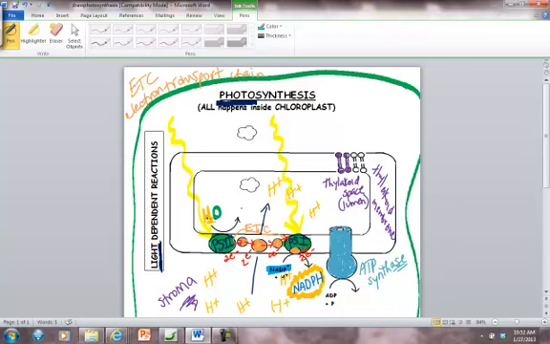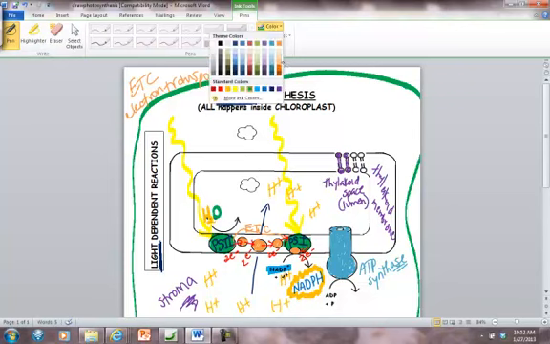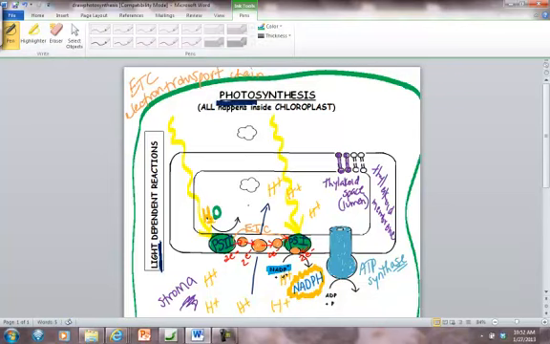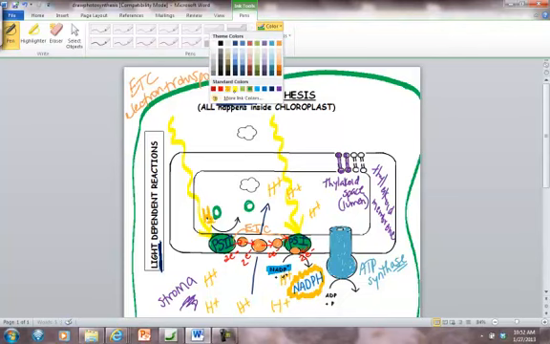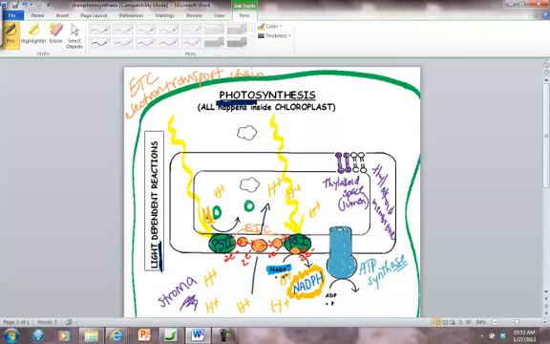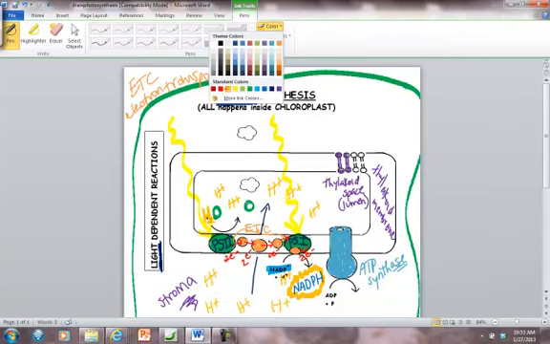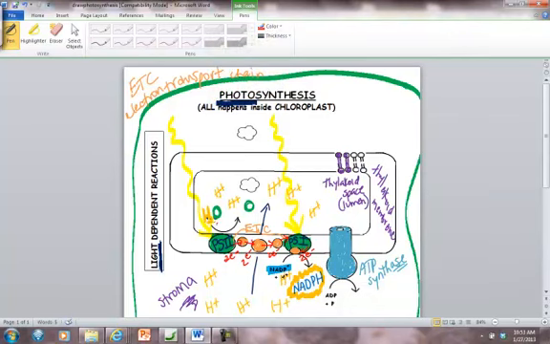Now, water molecules are going to split apart. And when they do that, I'm going to get an O, and I'm going to get 2 hydrogen ions, H2, and I'm going to get 2 electrons. And those 2 electrons are going to pass to chlorophyll and fill in the gap that was left when those original electrons jumped and went down the electron transport slide.